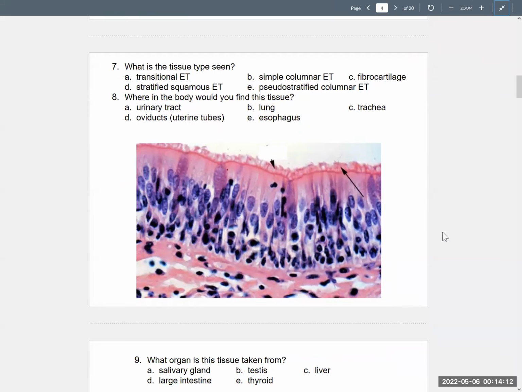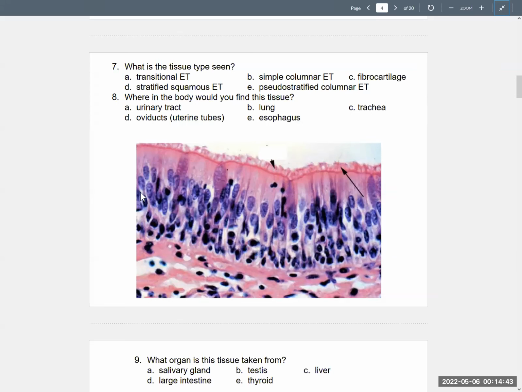What's the tissue type, again tissue, not organ, seen here? The arrows are important, but the tissue type being asked is all of this. Is it pseudostratified columnar epithelium?